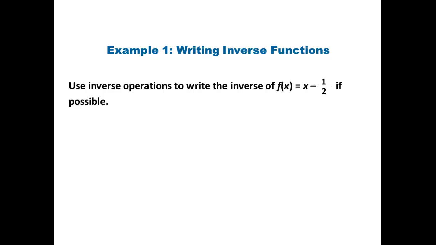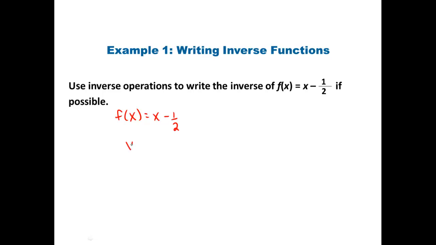All right, so here's example 1. Use inverse operations to write the inverse of f of x equals x minus 1/2, if possible. So we have f of x equals x minus 1/2, and we're going to follow steps to write this new equation.